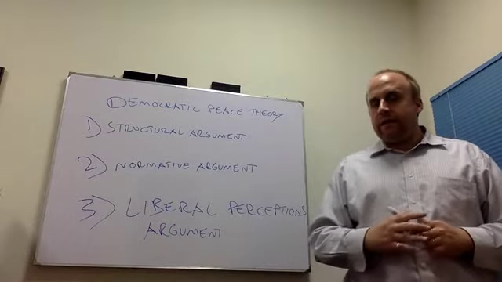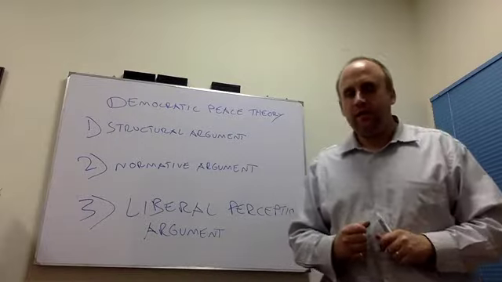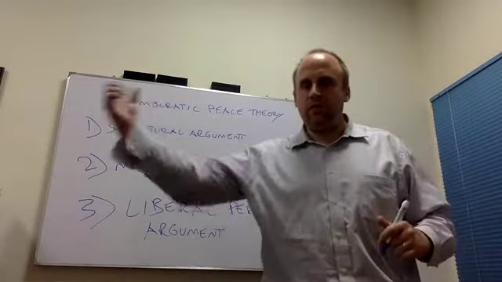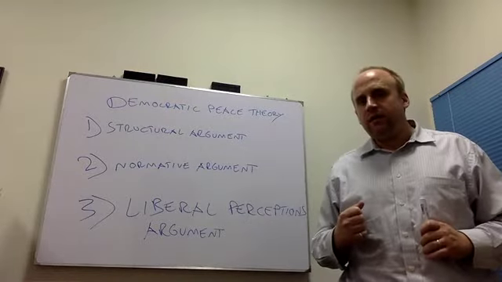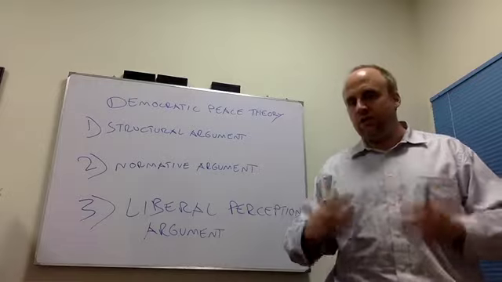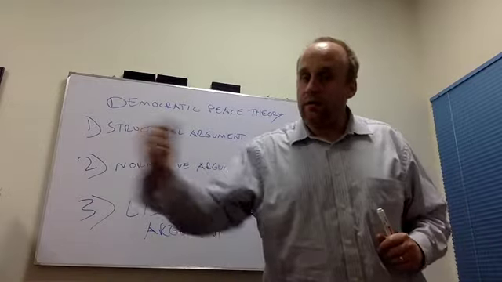Now, if you have a liberal population, a liberal society, they will want to have good relations and cooperate with other liberal states, but John Owen argues they will act in a more hostile, aggressive manner towards non-democracies.